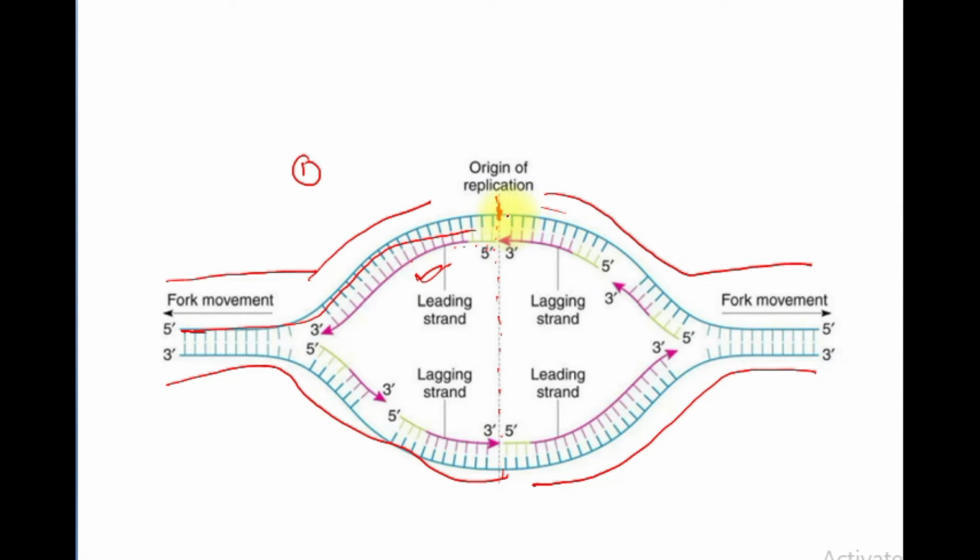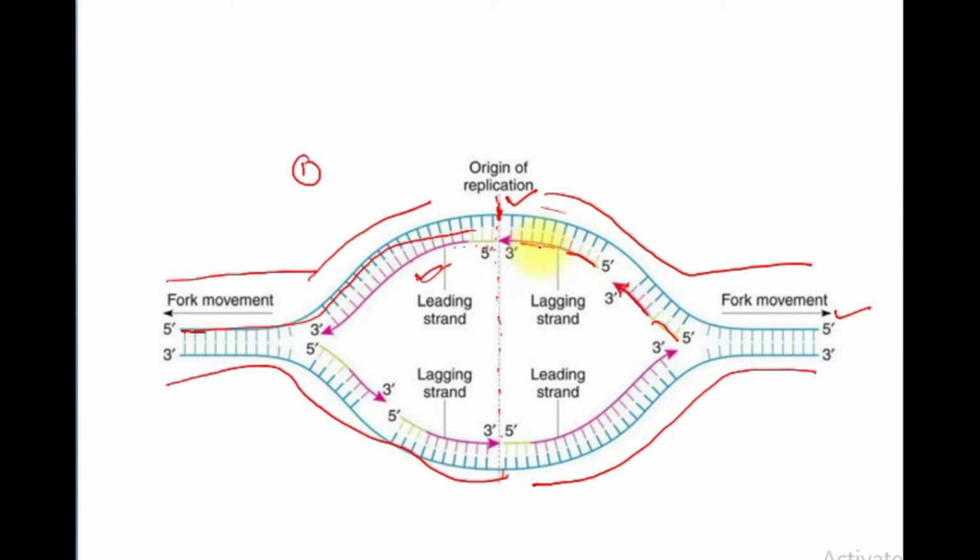But when we consider from this side, it will be the lagging strand, because the 5' end is here and the 3' side is here. So the synthesis will be taken from this side, from 5' to 3'. Then when it opens a little more, another primer will be formed here and the synthesis will be taken in this direction.